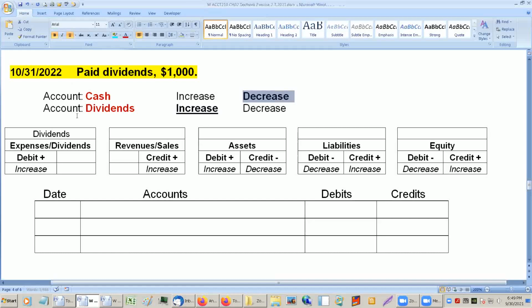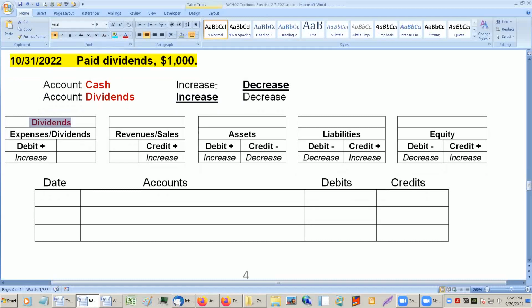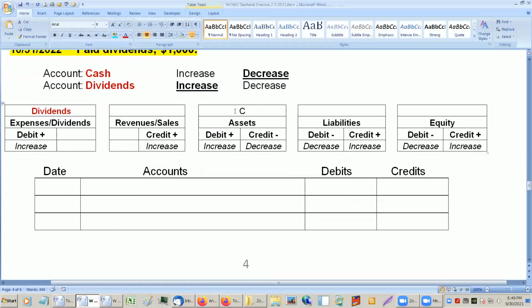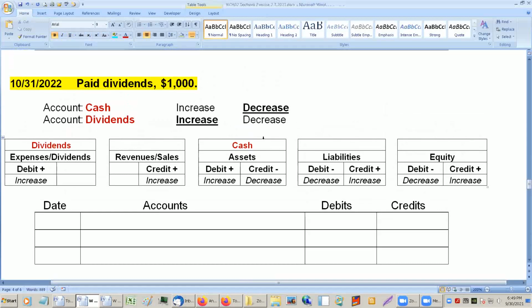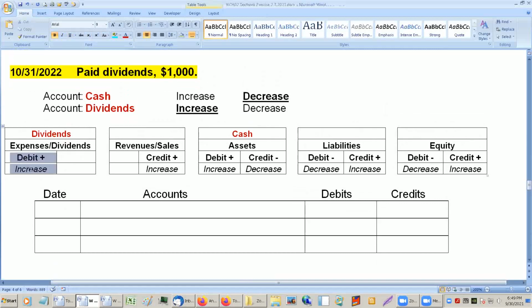Some books show it the way I stuck it here. Let me fill this in, then I'll tell you. Okay, so dividends are always going to be the debits.